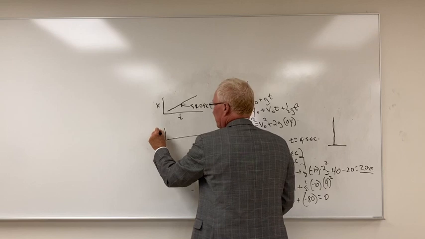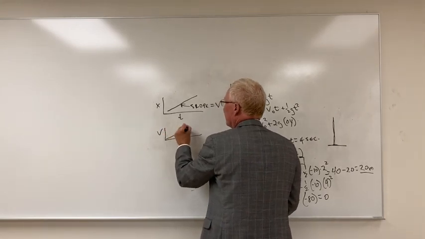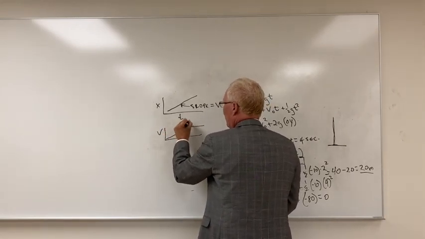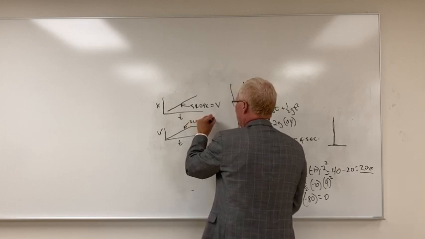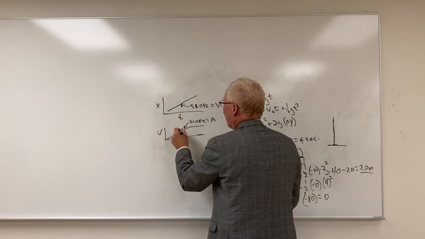And for a velocity versus time graph, the slope is the acceleration.